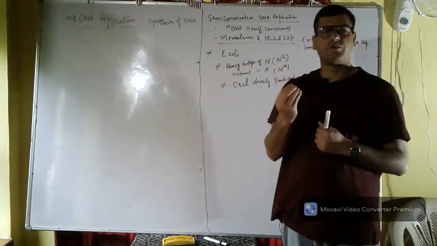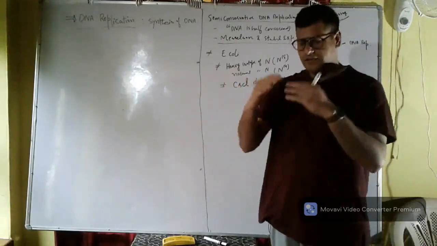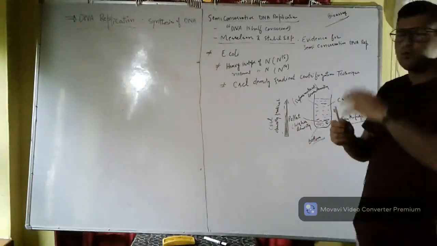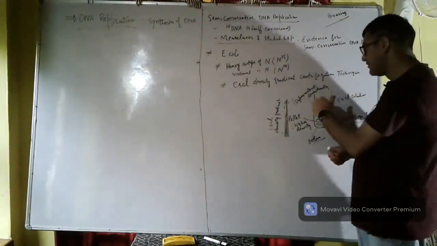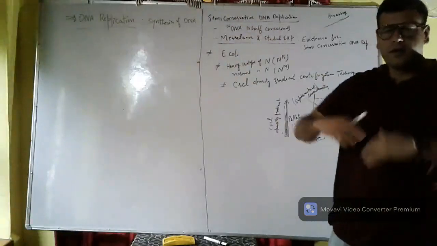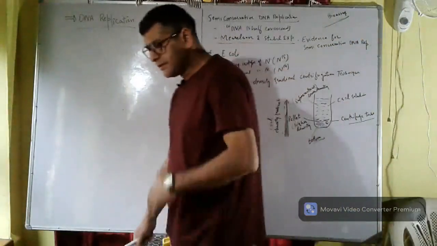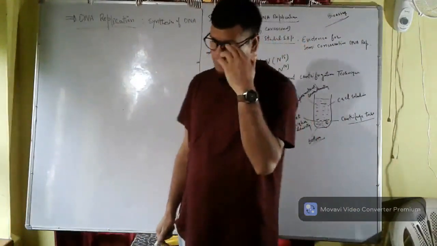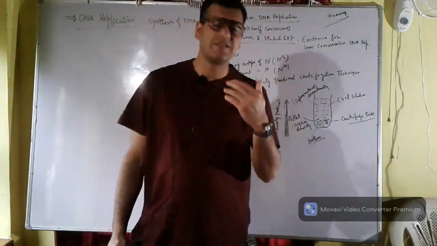DNA molecules with higher densities will settle in the bottom, in the pellet, and those DNA molecules which are lighter will be in the upper part, in the supernatant part of the centrifuge tube, and that is, they have formed the gradient along with the cesium chloride solution. That is why it is called a cesium chloride density gradient.